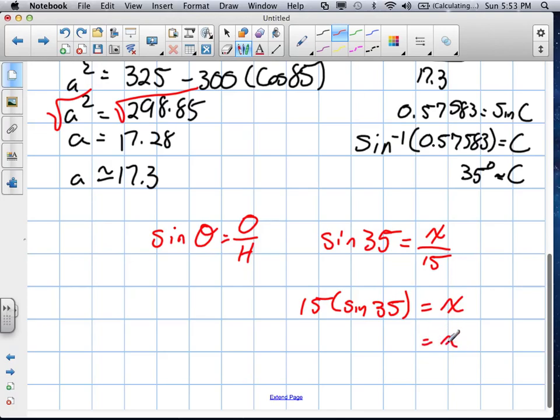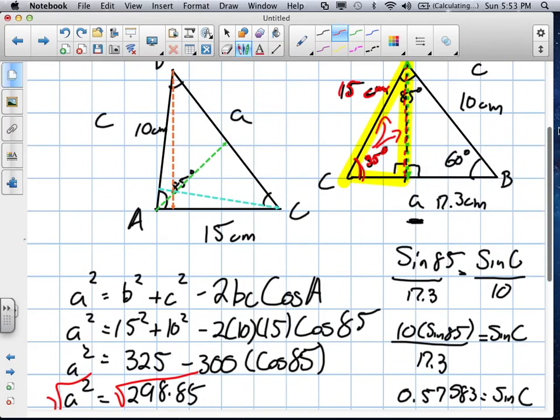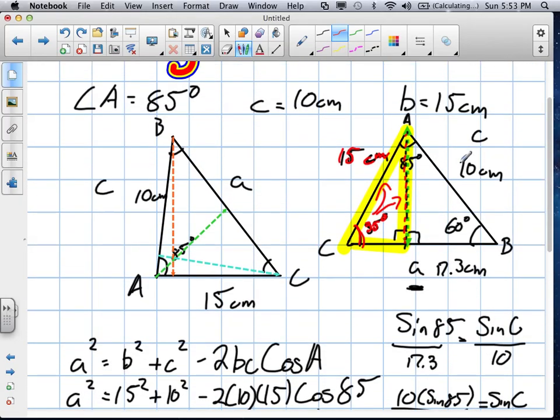Sine 35 times 15. What did you get? 8.6. 8.6 as our height. Which, in this question, it makes sense. This is a legit answer because this height will be less than both of those sides.